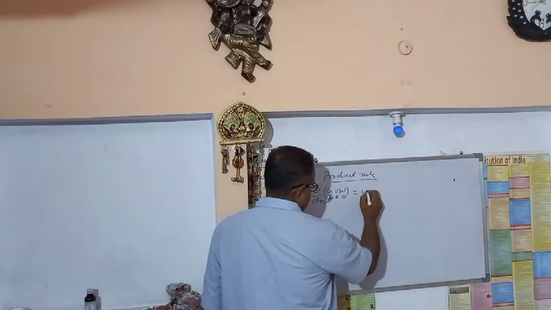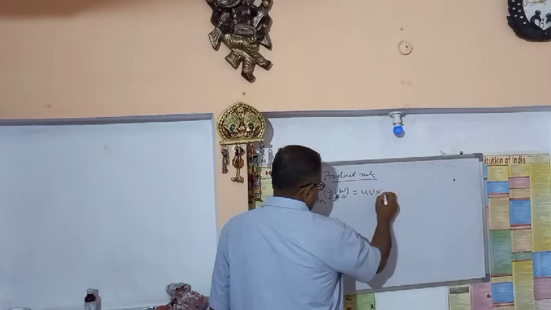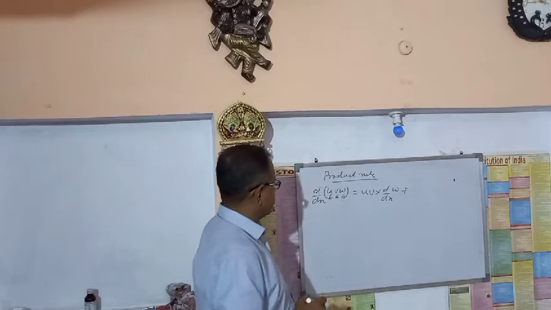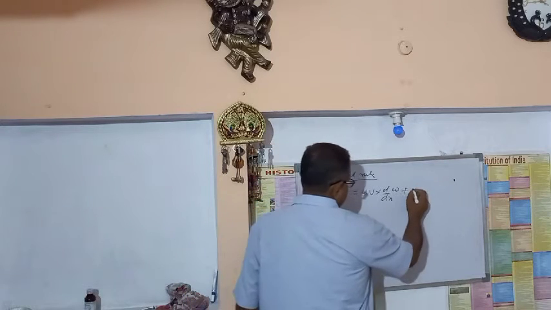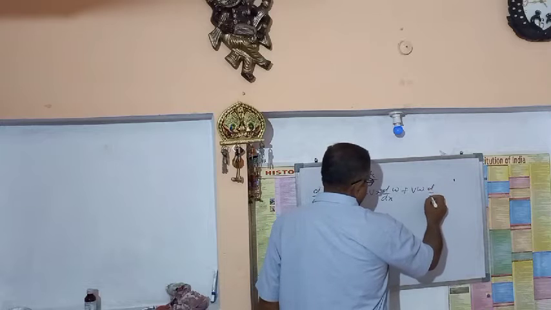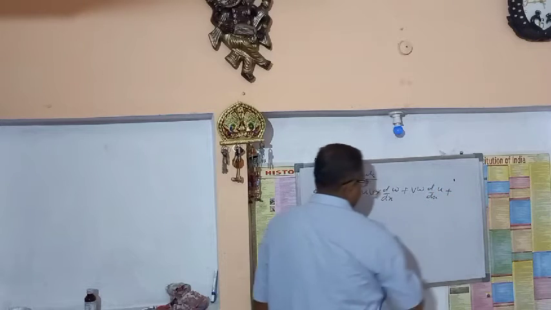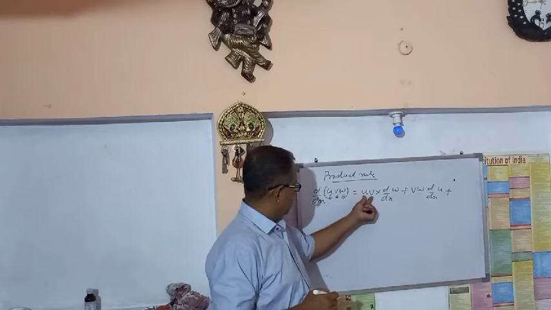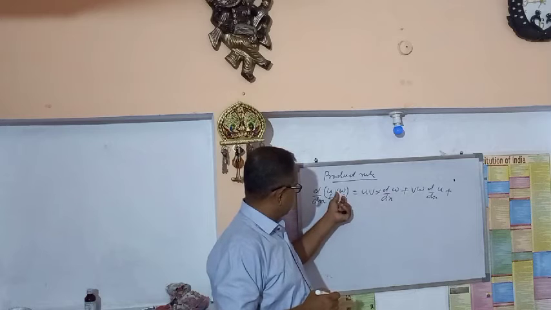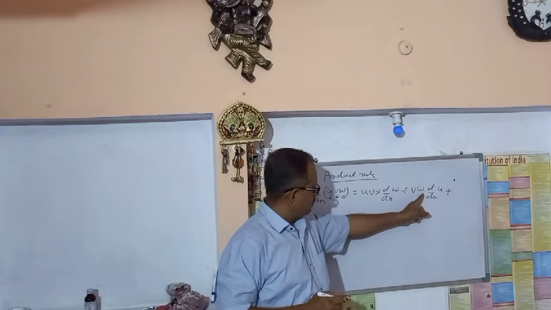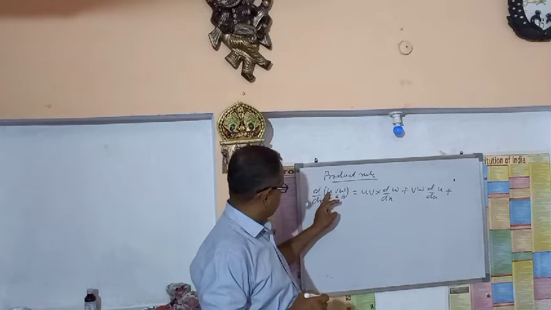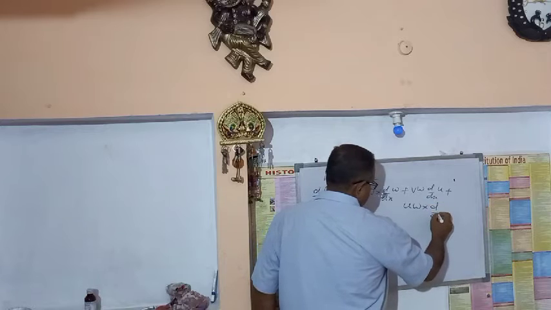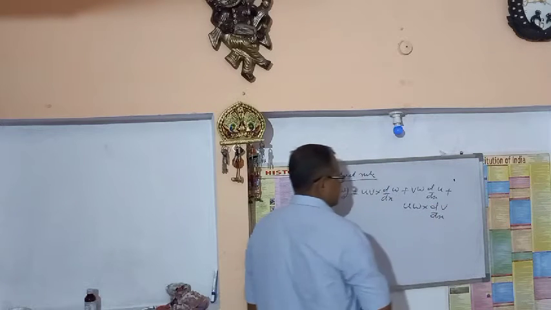Firstly take the first and second function as it is, u into v, then derivative of third, plus next time take v and w into derivative of first, plus take u and w into derivative of second.